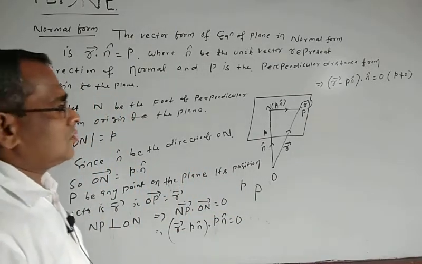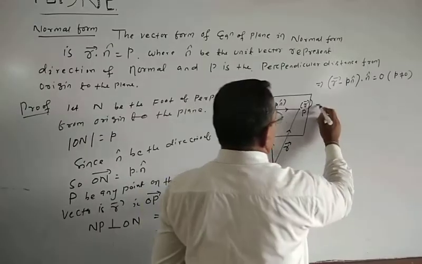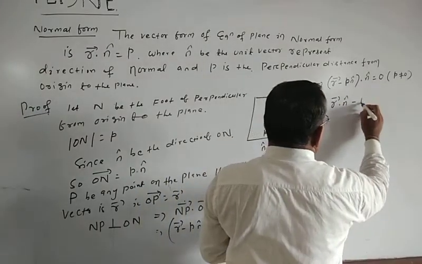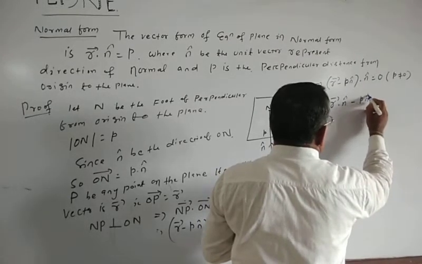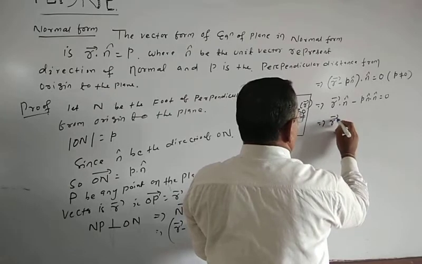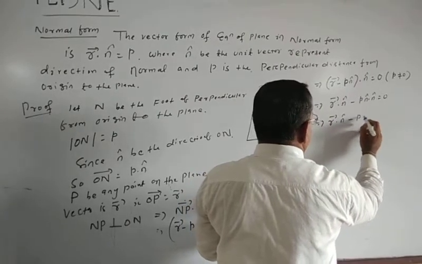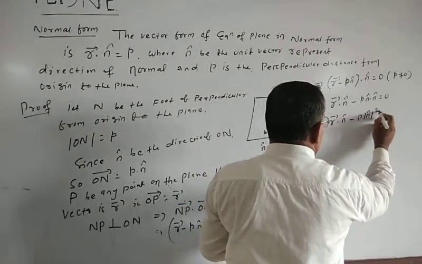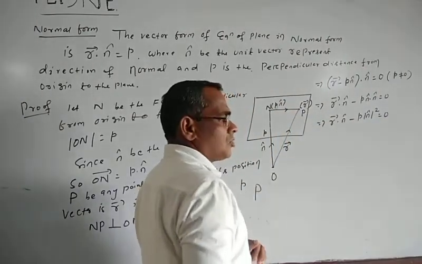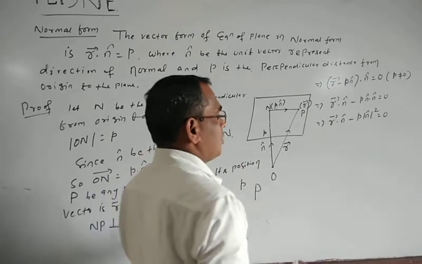Is it clear? Then r vector dot n cap minus p times n cap dot n cap is equal to 0. That implies r vector dot n cap minus p times the magnitude of n cap squared is equal to 0. The magnitude of n cap is 1, since this is a unit vector.